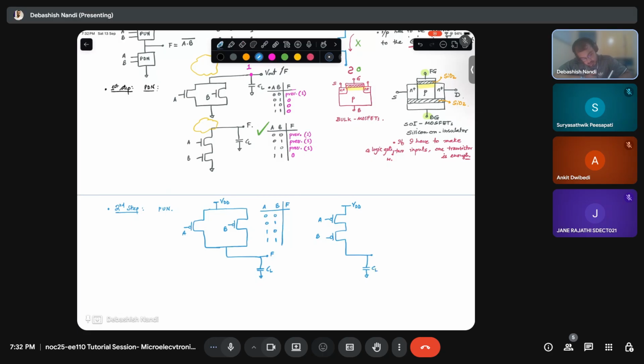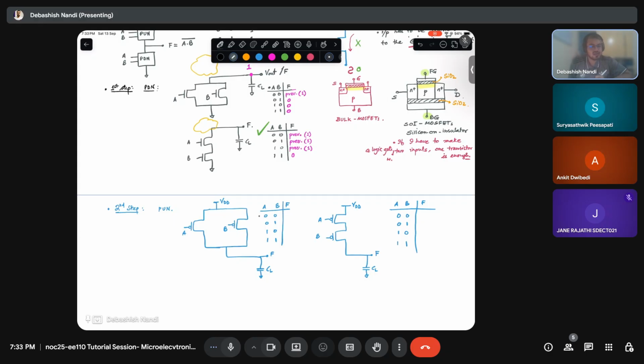This one? So tell me what will be this case? When A equal to 0, B equal to 0, what should be my F? 0.